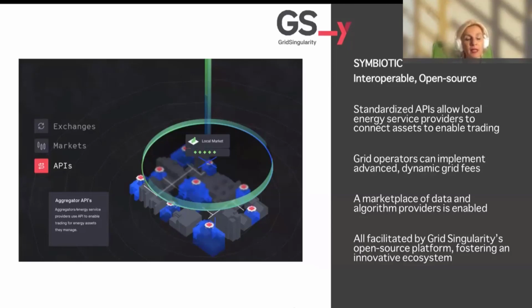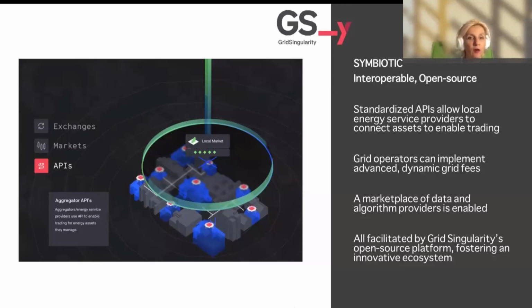The interoperability has a role in the APIs, where we have several different APIs that are standardized, such as an asset API through which aggregators, energy service providers essentially are able to connect the assets and facilitate trading. Other partners, for example, are grid operators who implement advanced dynamic grid fees.